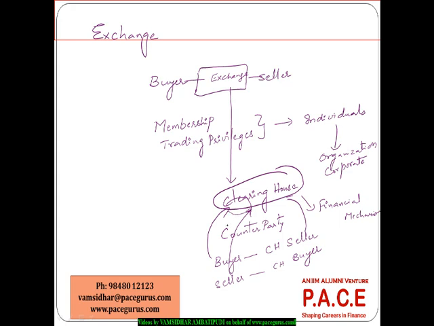Or if it is cash settlement, it receives the cash from the buyer and pays the cash to the seller. In a cash settlement mechanism, whichever account is at a profit, it deposits the money in those margin accounts, and whichever account is at a loss, it receives the funds from that account.